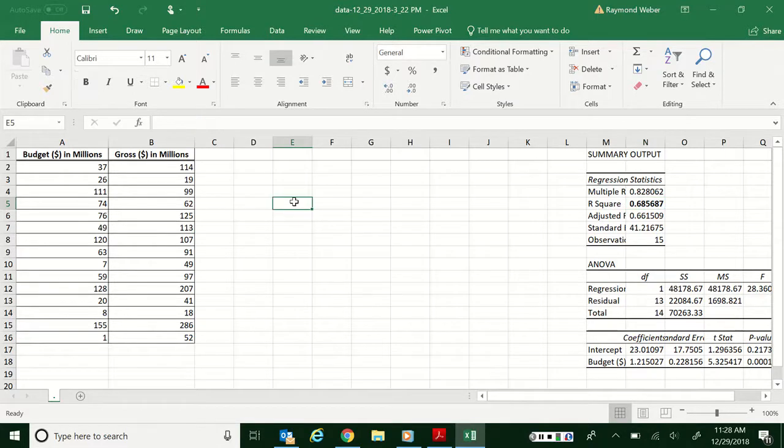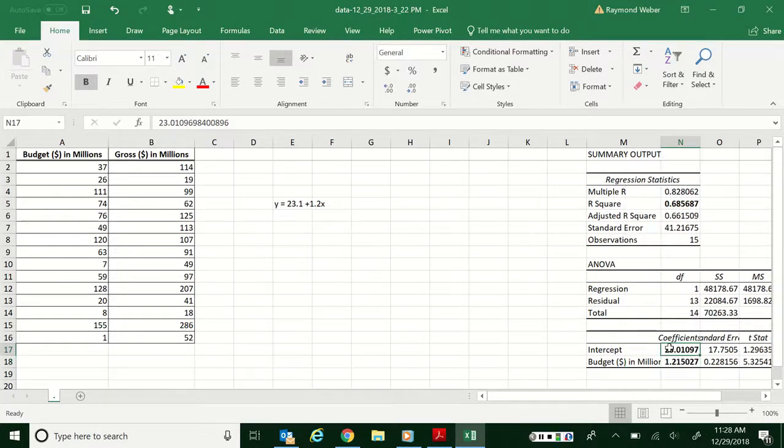So then I'm going to write my regression equation, which is y equals 23.1 plus 1.2x, and I'm using these two values right here, okay? So my intercept, and then this is my budget in millions, my x value, this is my coefficient. So that's my equation.